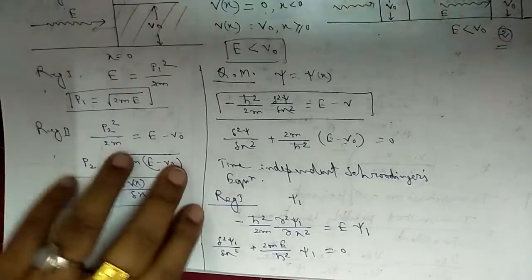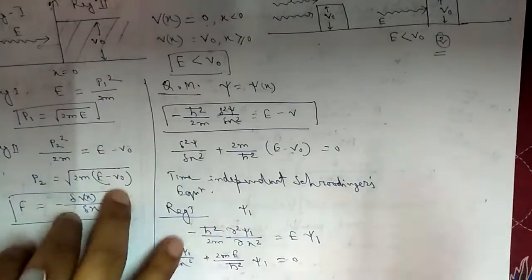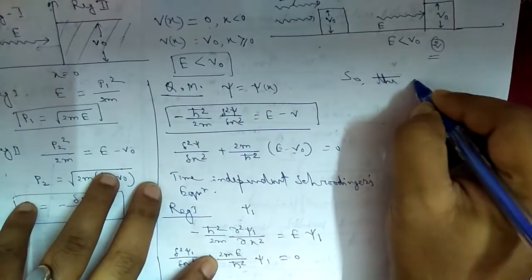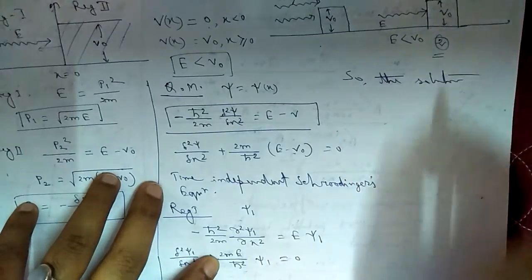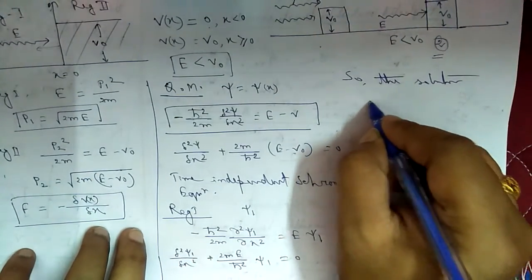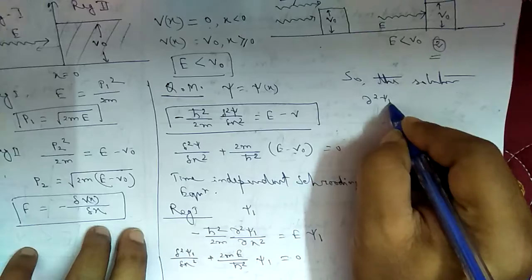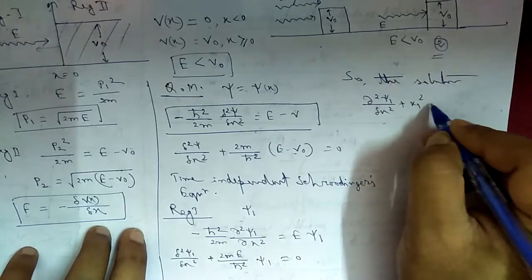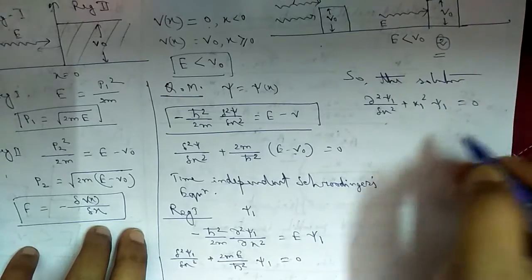So the trial solution we can write. The equation becomes del 2 psi 1 by del x2 plus k1 square into psi 1 equals 0.